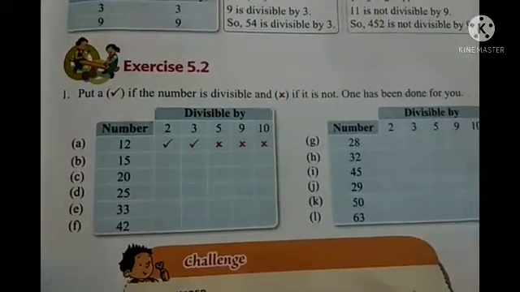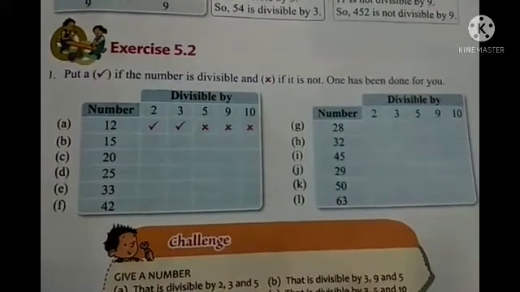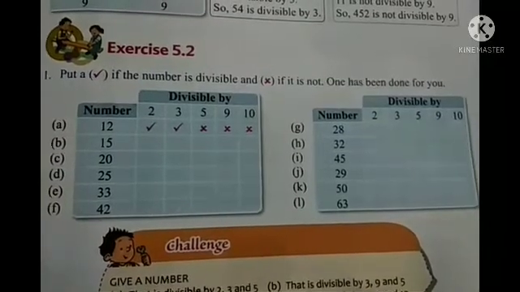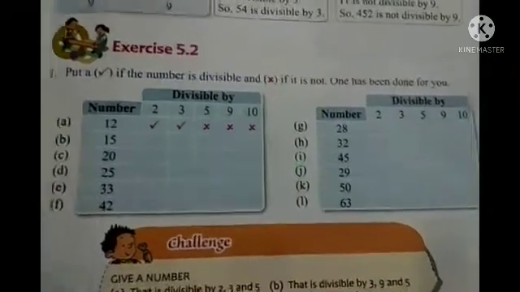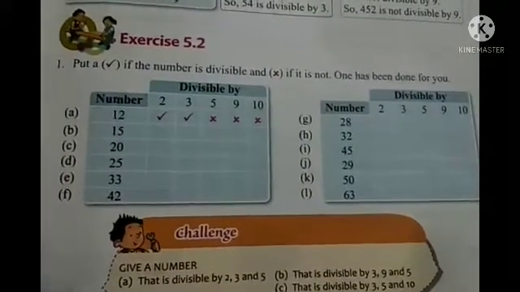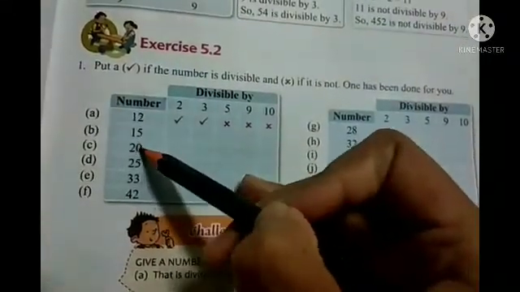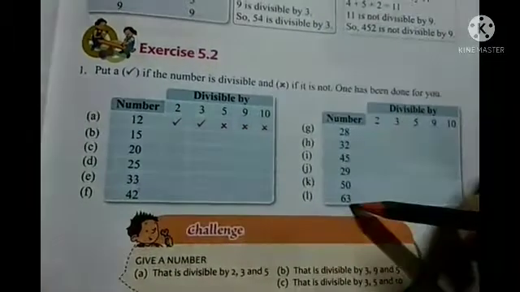So all of you students, see your book page number 97. Here you see, put a tick if the number is divisible and cross if it is not. One has been done for you. You can see, students, so many numbers are written, right? Here you see the numbers 12, 15, 20, 25, 33, 42. These are some different numbers, okay?